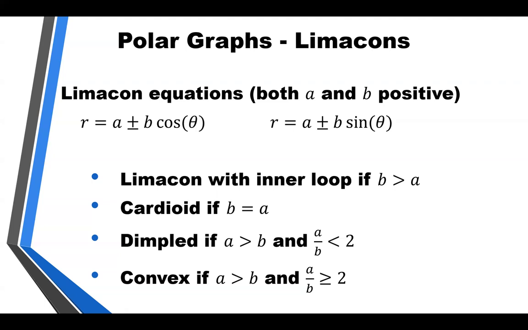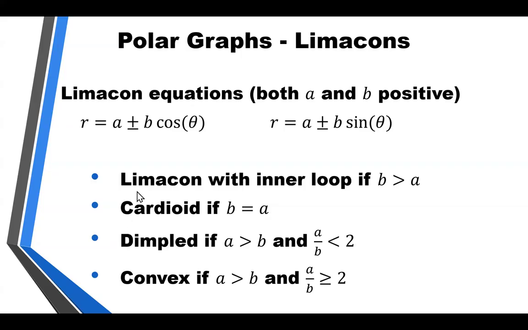When those two numbers are the same, we get a cardioid. And the root word there is related to the fact that it looks like a heart shape. So cardioid because it looks like a heart shape. Limaçon because think lima bean, all right?